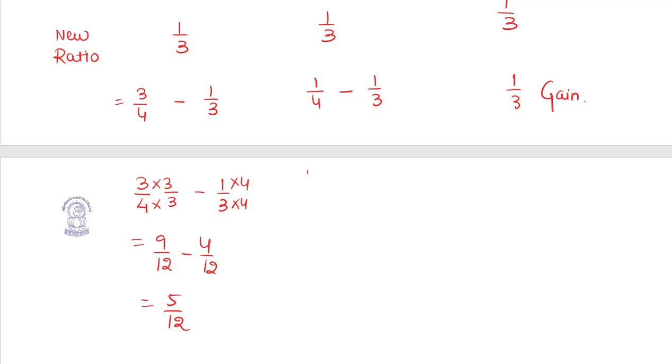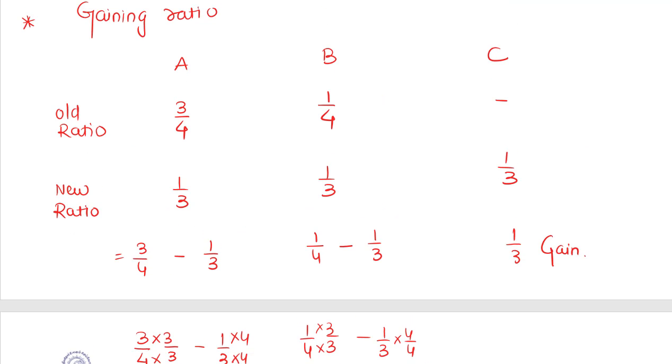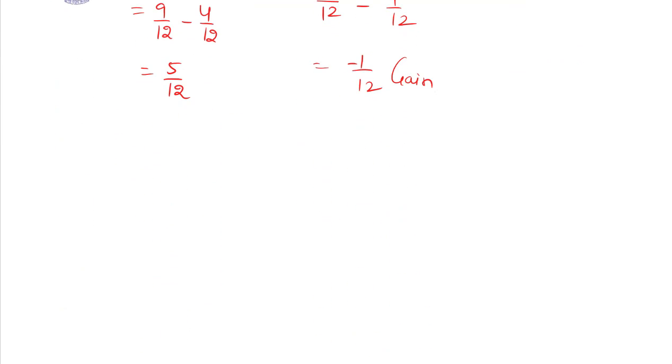In case of B, it is 1 by 4 multiplied by 3 by 3 minus 1 by 3 multiplied by 4 by 4. It is 3 by 12 minus 4 by 12. So minus 1 by 12, it is also a gain. So A is the sacrificing partner, B and C are gaining partners.